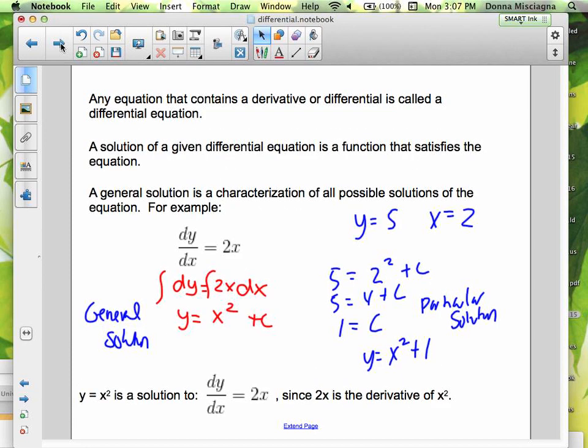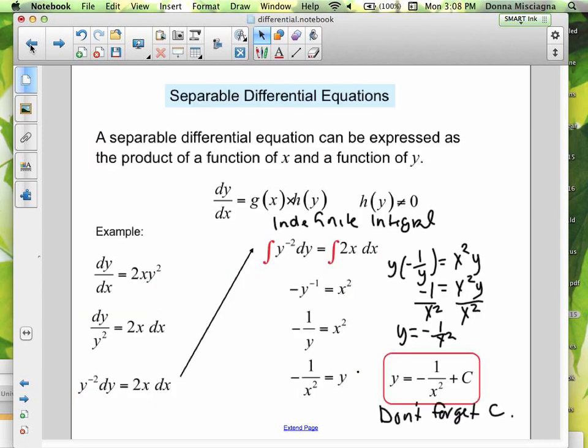All right. So any equation that contains a derivative or differential is called a differential equation. A solution to a given differential equation is a function that satisfies the equation. Okay? So, in other words, if we go back here, if we were to take the derivative of this with respect to another variable, then we should get back to that equation. Because you notice that we had a dy in here.